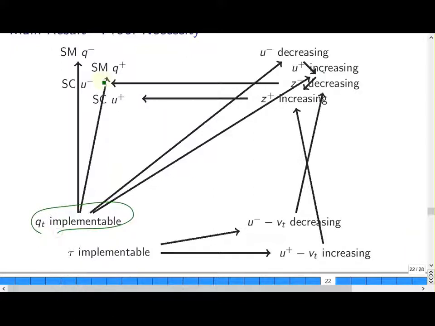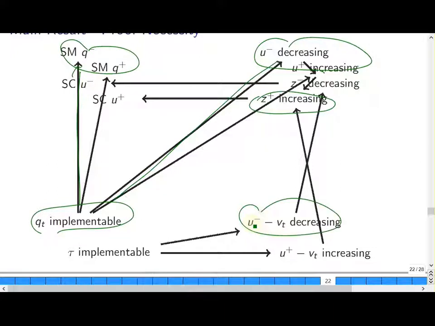The converse, or the necessity, looks the same. Q being implementable would, as before, imply the Spence-Mirrlees condition, and also imply the monotonicity of the utility function. As I said, these two things are not equivalent to each other. So I need this one plus the monotonicity of U, which comes from the implementability of Qs. I need these two together combined to get one of the sets being monotonic.